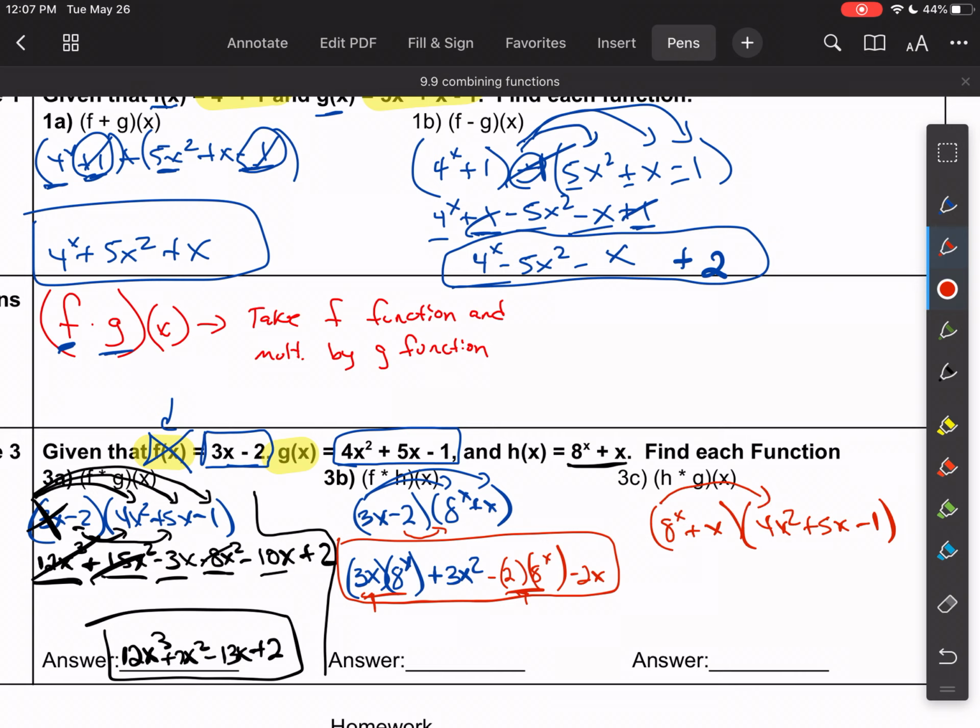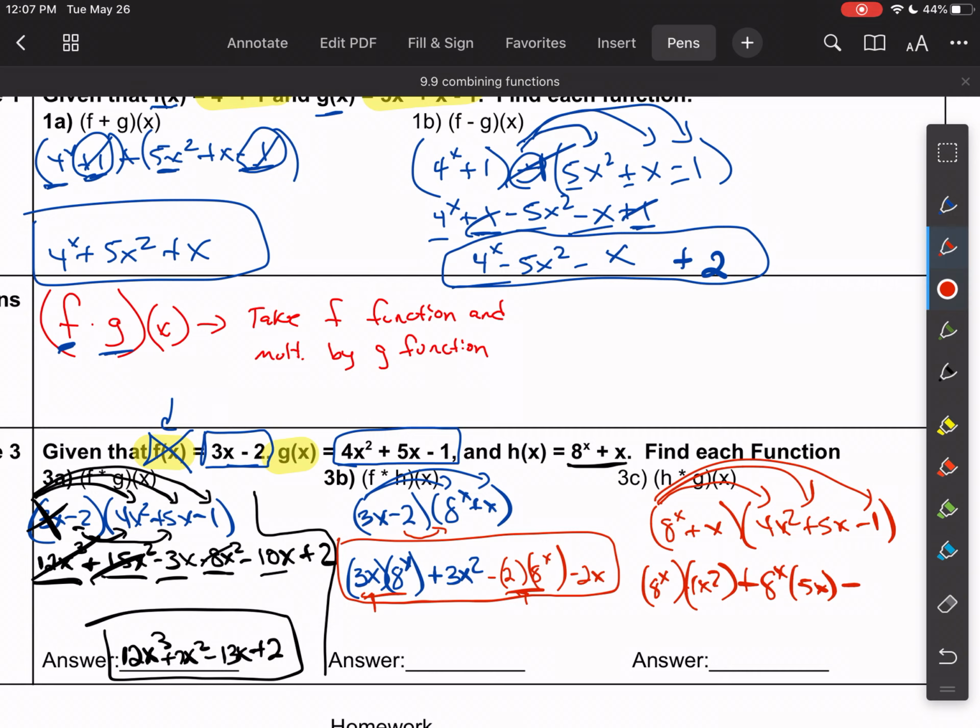Typically you can combine when you're multiplying, but not with an exponential. So this just becomes 8 to the x times 4x squared, plus 8 to the x times 5x.